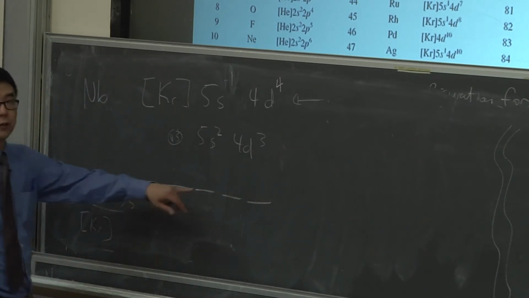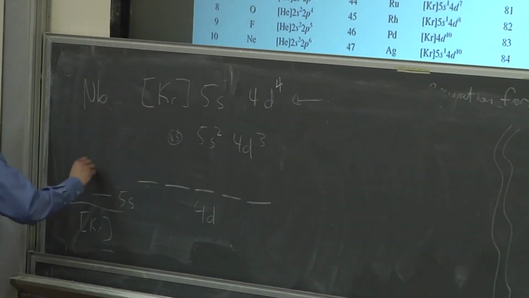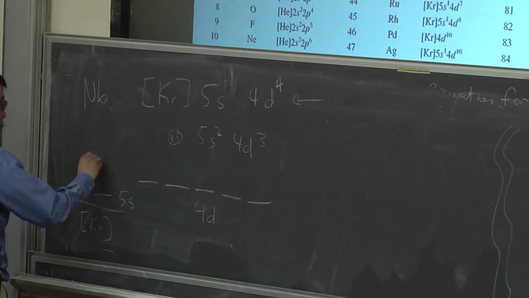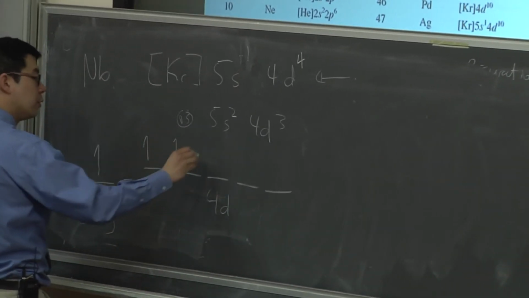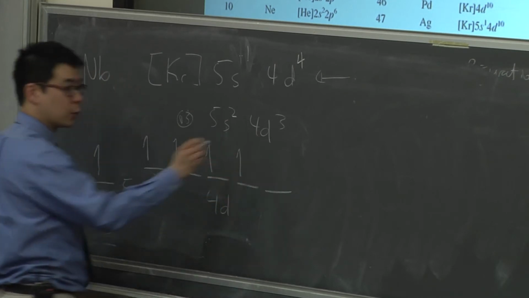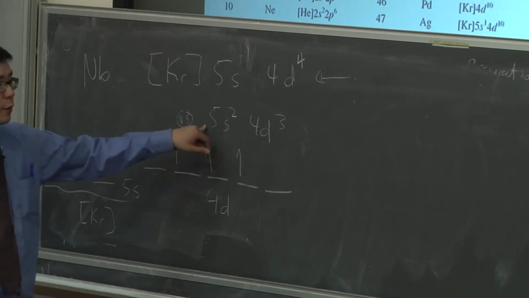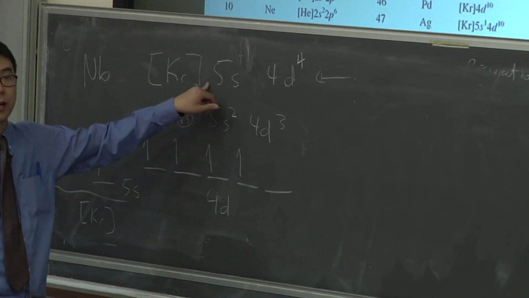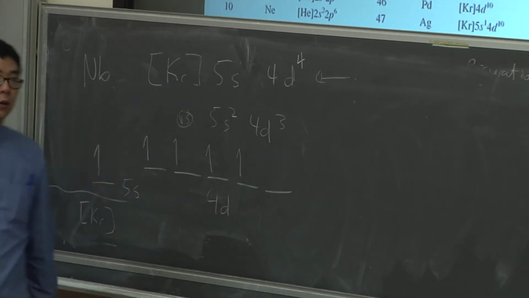Our 4d has 5 orbitals. So we got 5s1, 4d4: 1, 2, 3, 4. I'm telling you that that's what we would expect, but that's not actually what happens. It's actually 5s1, 4d4.